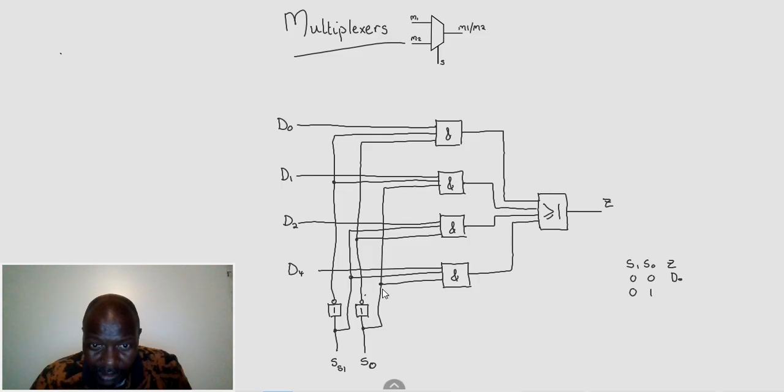The 0 there is closing 1 and 2. The 1 here is a 0 there, closing that one. So now the 0 here is going to be changed to a 1 there, and that one is a 1, so you can see D1 is going to go through.